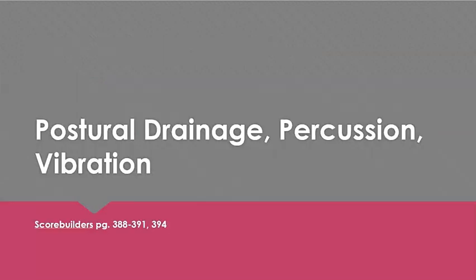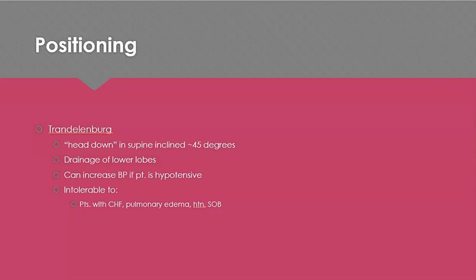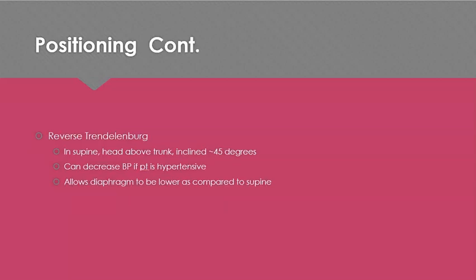So getting into different positioning, percussion, and drainage. So positioning Trendelenburg means the head is down in supine and inclined to 45 degrees, and drainage of lower lobes can increase blood pressure if patient is hypotensive, intolerant for patients with CHF, pulmonary edema, hypertension, or shortness of breath.